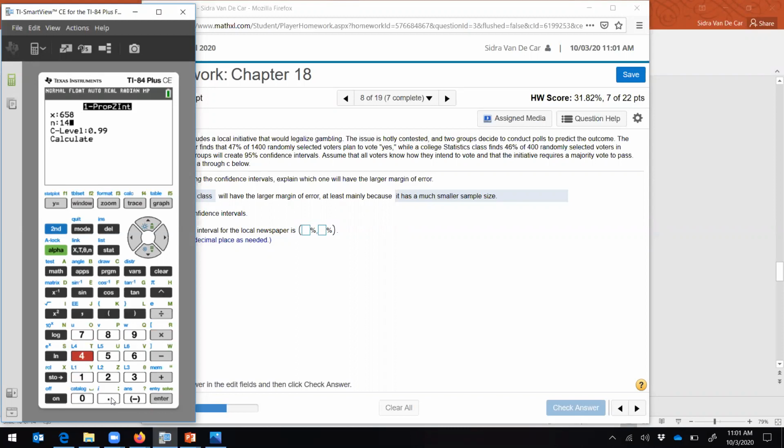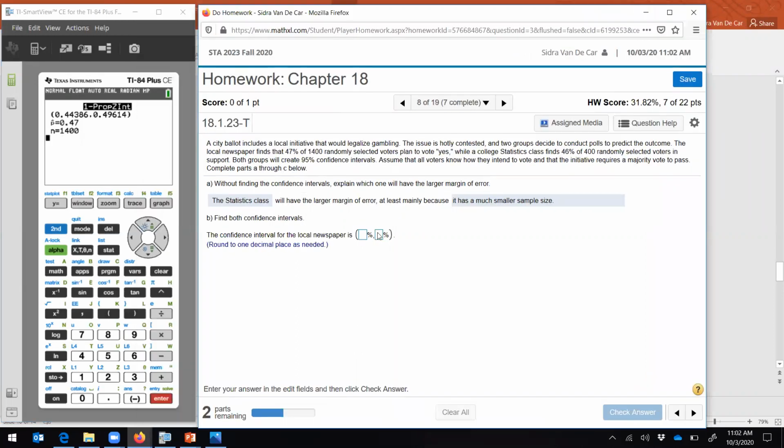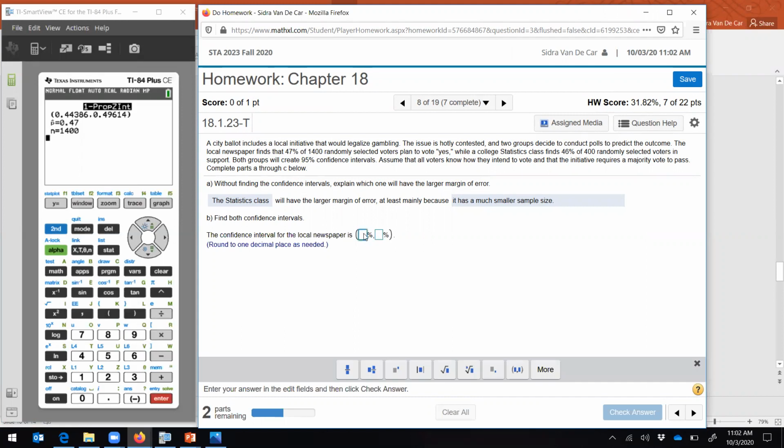Out of 1,400. And we're doing it with a 95% confidence. So we're at 0.44. Let's move this over. 0.44386. I'm doing to 1 decimal place. I want to go 44.4 to 49.6.